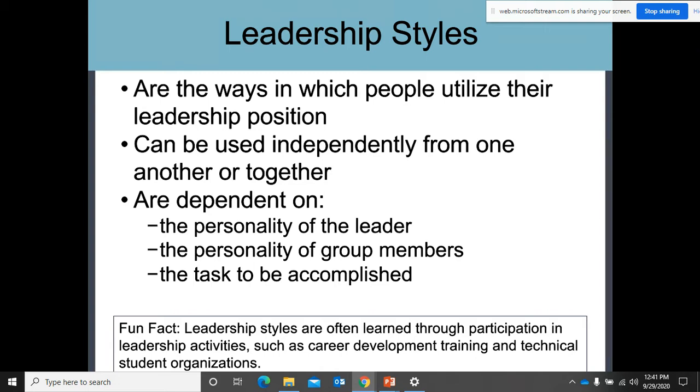Another fun fact: leadership styles are often learned through participation in leadership activities, like we do CDEs and that kind of stuff through FFA. So participation in those activities is good for building leadership skills and styles.